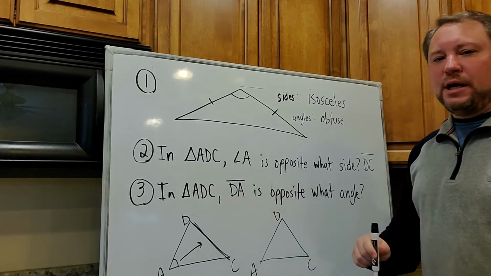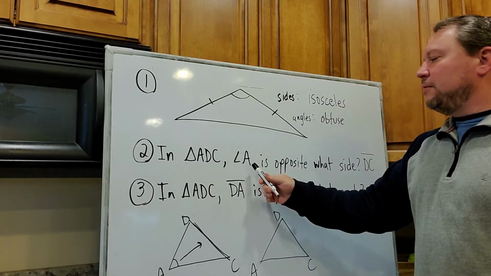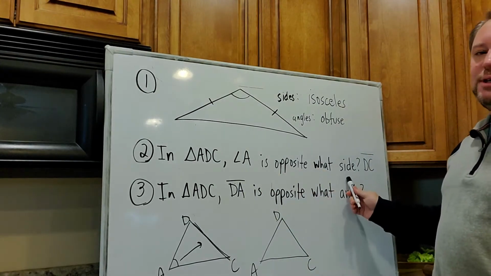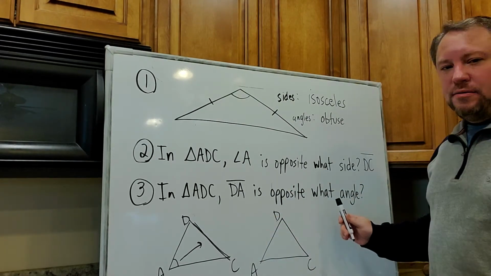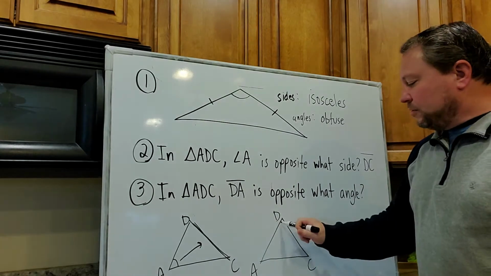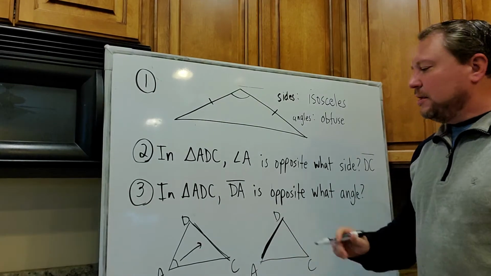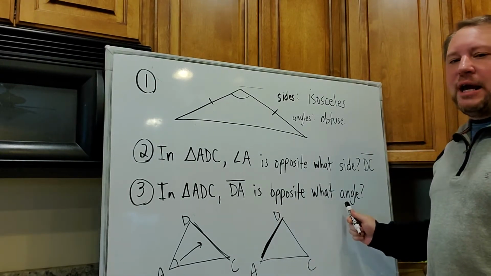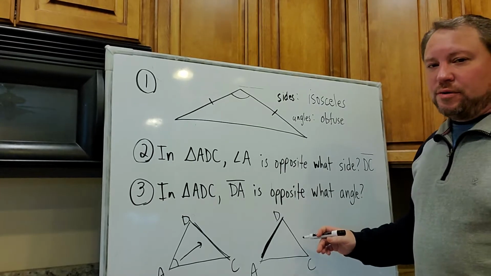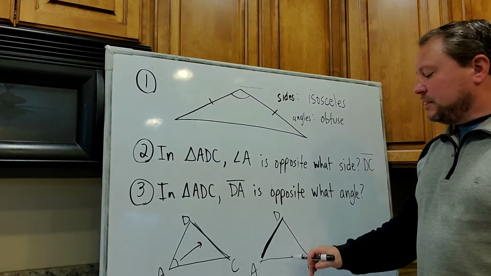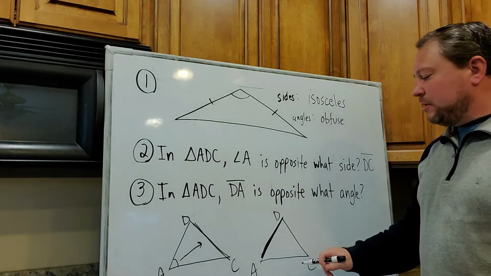Okay, if I start over with another picture of that triangle, ADC, on problem number 3, this time, instead of starting out with an angle and naming the opposite side, it starts out with a side and wants you to name the opposite angle. So side DA, which would be that side right there, they want to know what angle is opposite of that. Again, in a triangle, there's only 3 sides, so you can't consider any of these sides to be opposite of that one.